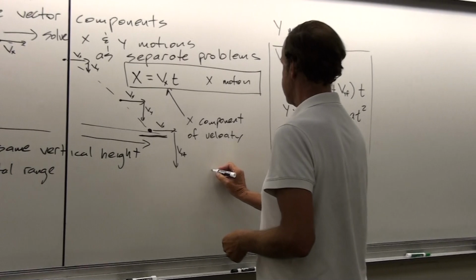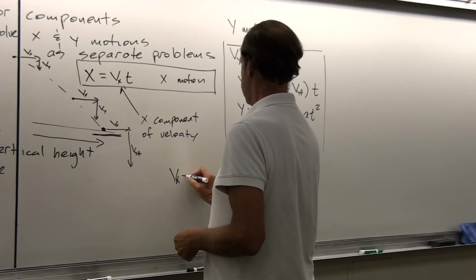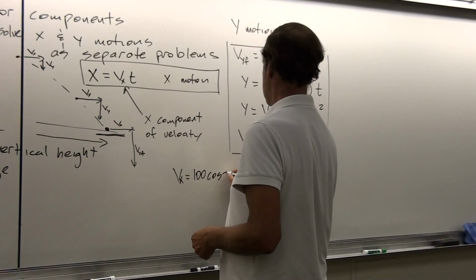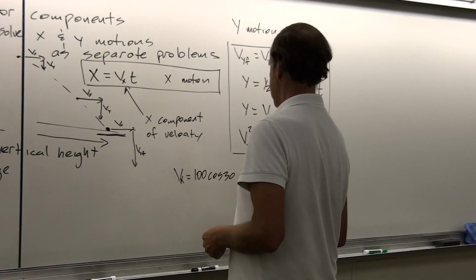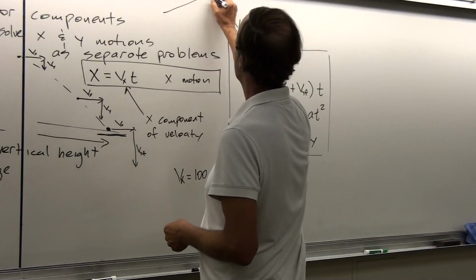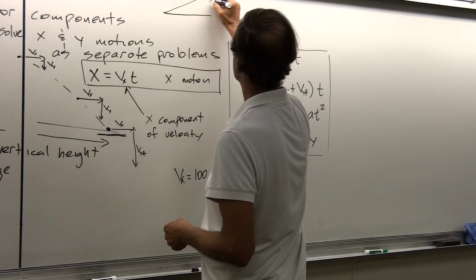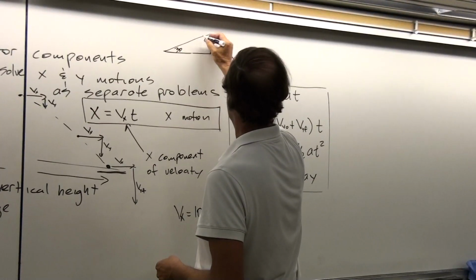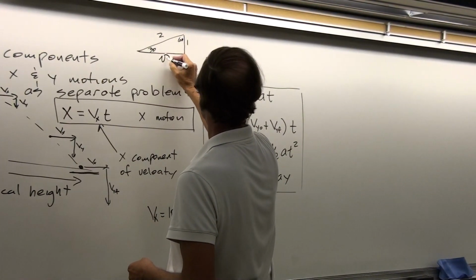So Vx is equal to 100 times the cosine of 30. Okay, and so that's going to be 100 times, and then have our little reference triangle handy here, 1 to root 3.